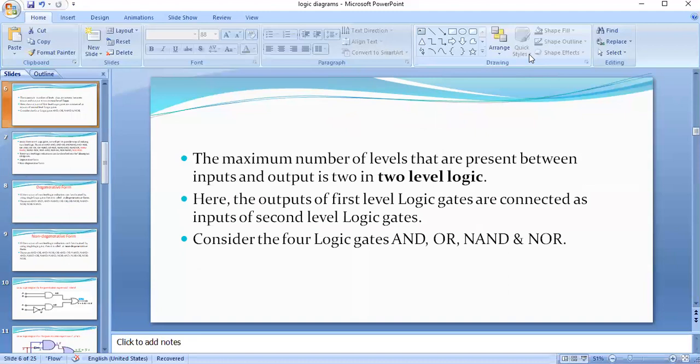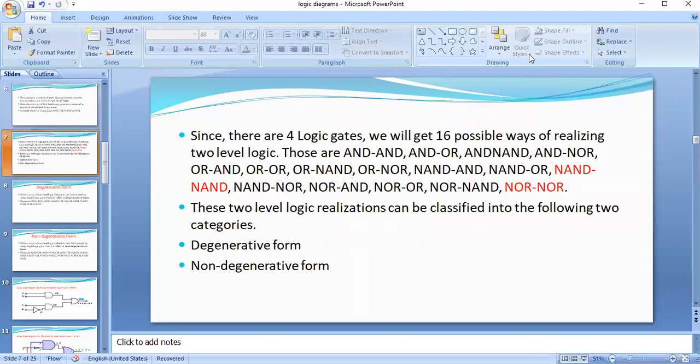Next, if I consider the four logic gates: AND gate, OR gate, NAND gate, and NOR gate, we have 2 power 4, that is 16, possible combinations. So we can design a circuit using these four gates in 16 possible ways and realize a two-level logic.